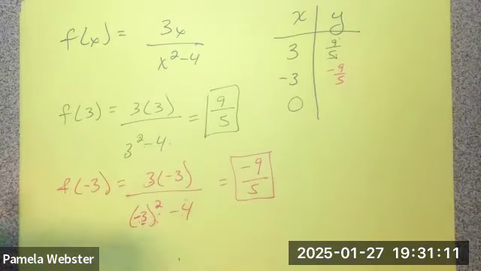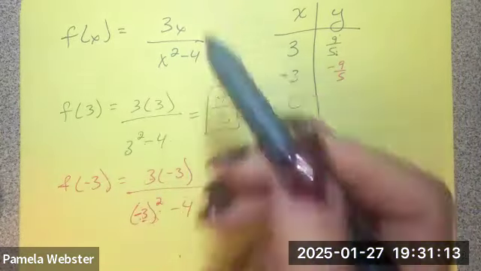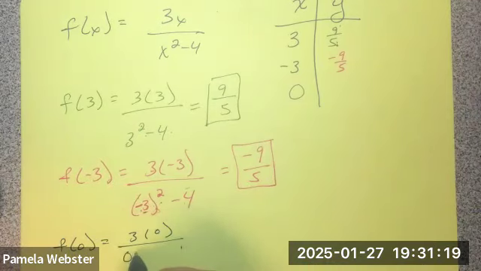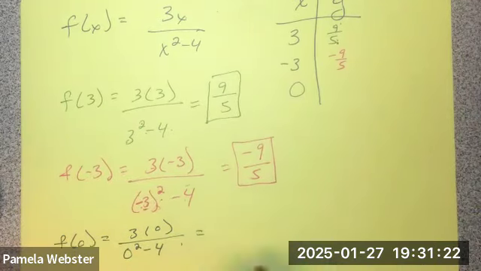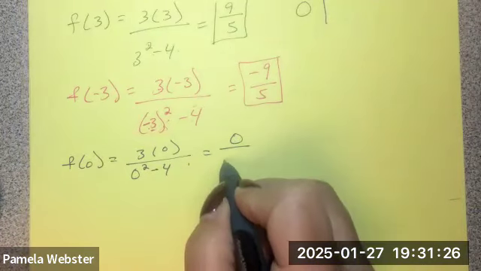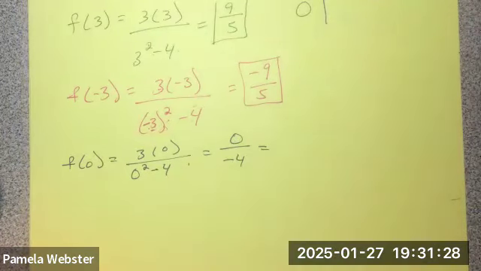Let's put in the point 0. F of 0 equals 3 times 0 on top. On the bottom is 0 squared minus 4. 3 times 0 is 0, and -4 on bottom. Okay.